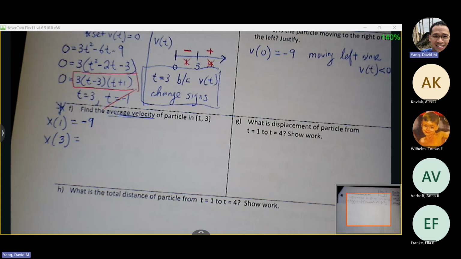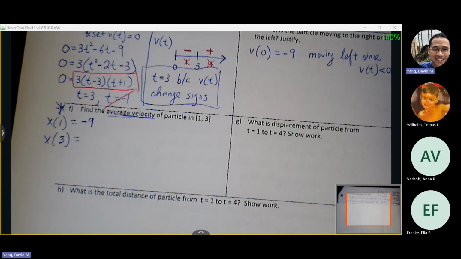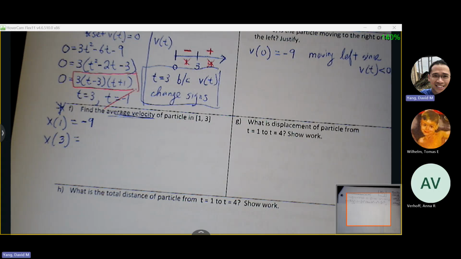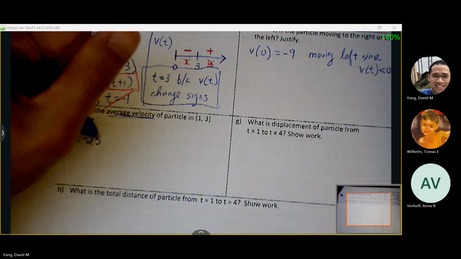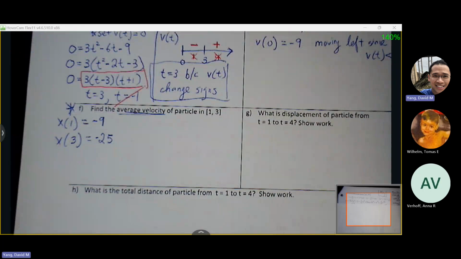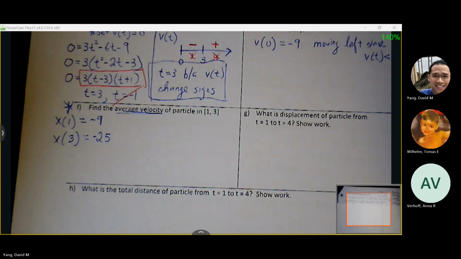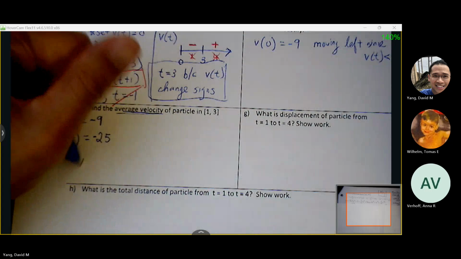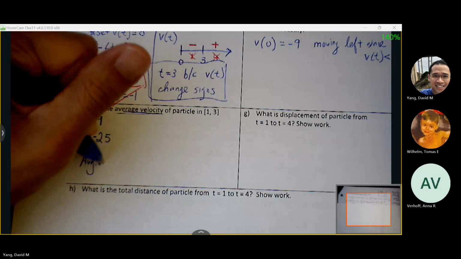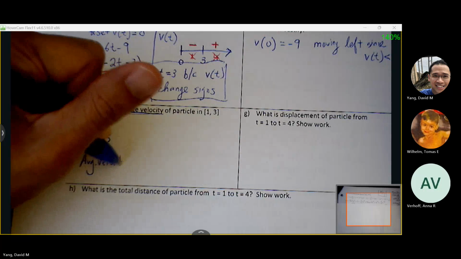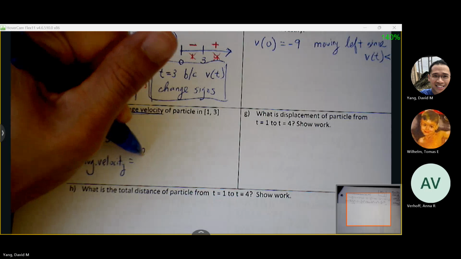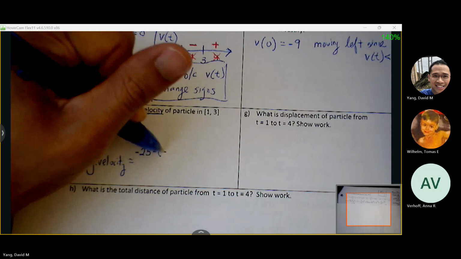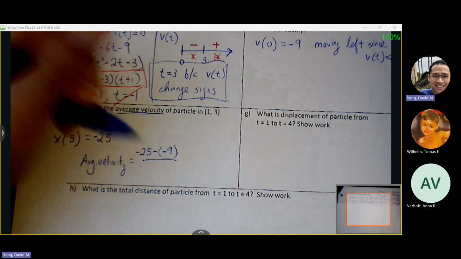Okay, plug 3 in, we get 27 minus 27 minus 27 plus 2, which is negative 25. And that's all we need to find average velocity. Okay, so the change in position divided by the change in time.